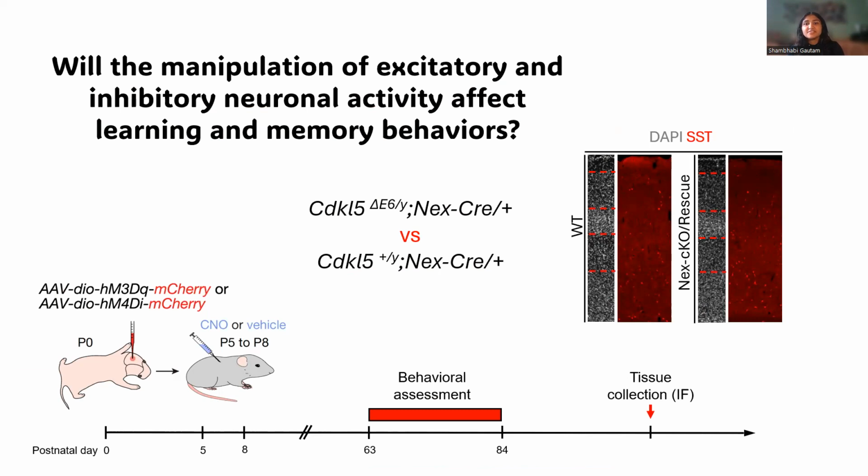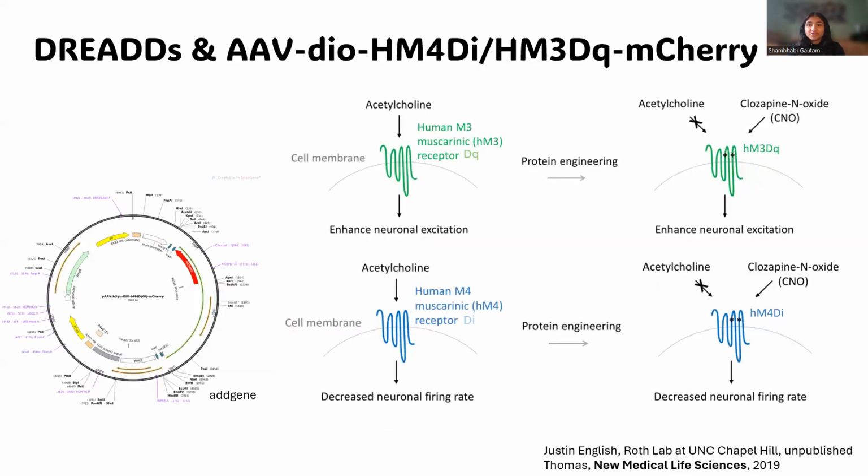In addition to testing the efficiency of tamoxifen, for our later projects, we will insert DREADs using plasmid AAV vectors to genetically manipulate the cell excitation both early at P0 and late at P21. DREADs, or designer receptors exclusively activated by designer drugs, are chemogenetic proteins that are engineered to respond to a synthetic ligand instead of their original ligand to activate their G protein coupled receptor pathways, allowing us to control nerve cell activity.